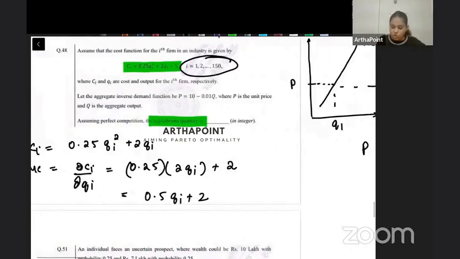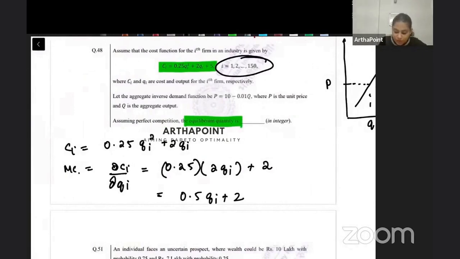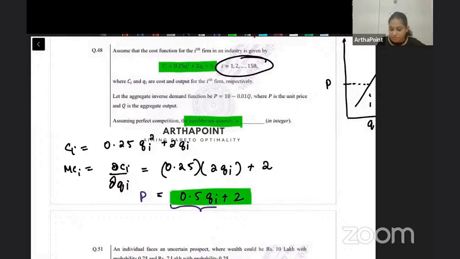So this is for firm I. This is the supply curve. So can I write price there, because in place of marginal cost I can write price? That's the supply curve equation.